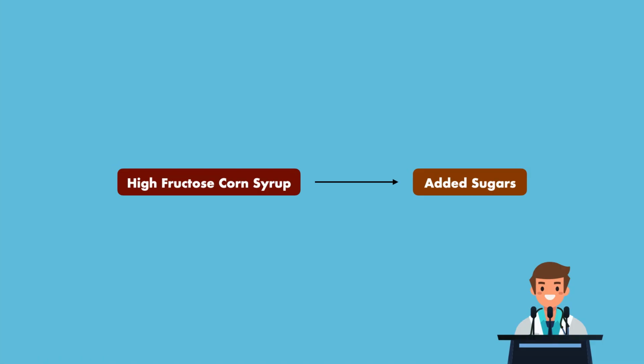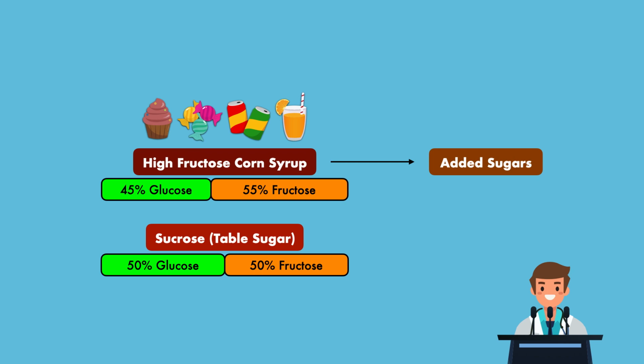First, I wish they took a more comprehensive approach to the third recommendation by replacing the word high fructose corn syrup with added sugars. High fructose corn syrup is found in various highly processed foods and sugar-sweetened beverages that should be avoided. Still, the proportion of fructose and glucose in the syrup that's commonly used is actually quite similar to sucrose, which is table sugar.